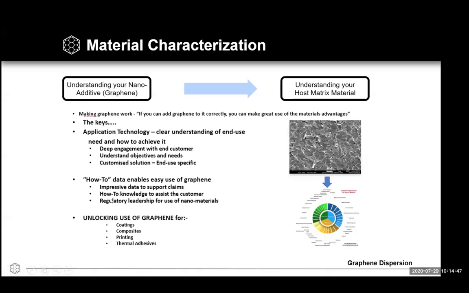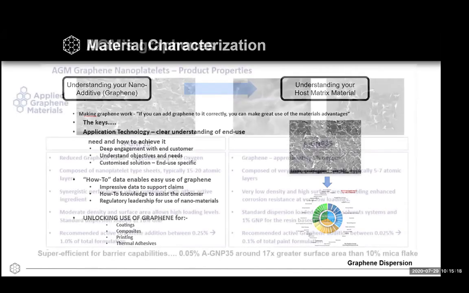Composites, looking at the addition of graphene to things like carbon fiber composites to further enhance mechanical performance and other attributes, printable materials, and then thermal adhesives, so utilizing the thermal conductivity of this material in dispersed format to enhance end-use performance. And that's just a few out of the vast array of opportunities that graphene presents.